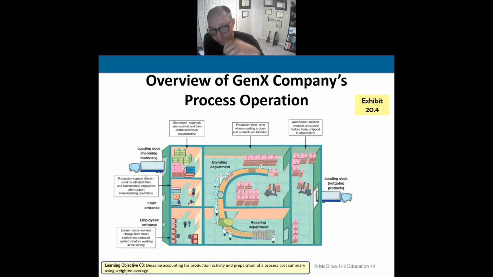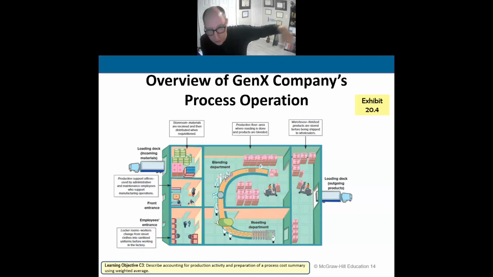So step one, the physical flow. In my example, the one in my head with the water bottle, I've got my molding department, my filling department, my packaging department, on a conveyor belt, going through. I also have my raw materials sitting in my storeroom.